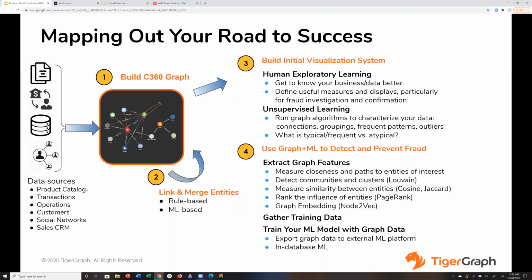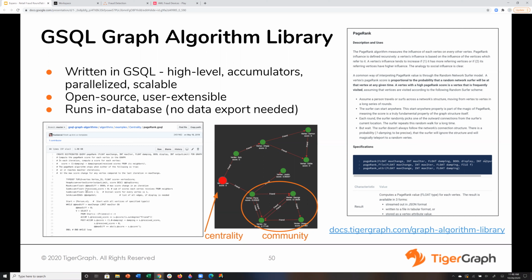First, I want to just say a few things about graph algorithms. There are dozens, scores of standard graph algorithms, which mathematicians and computer scientists have developed over the decades. And, just like any graph vendor, TigerGraph has a library of graph algorithms. But the nice thing about ours is they're written in our regular query language. They're open source, so you can see exactly how we do things, and you can modify them.